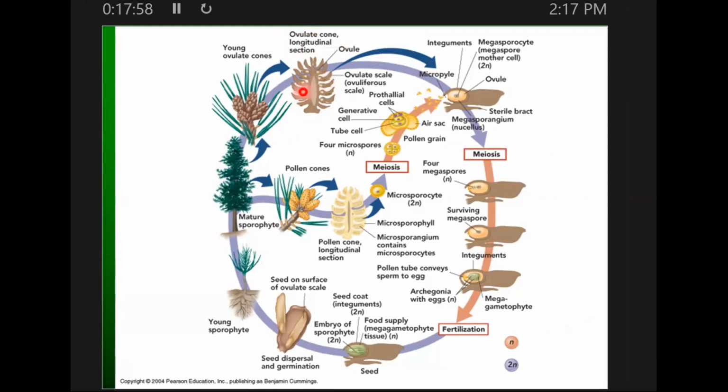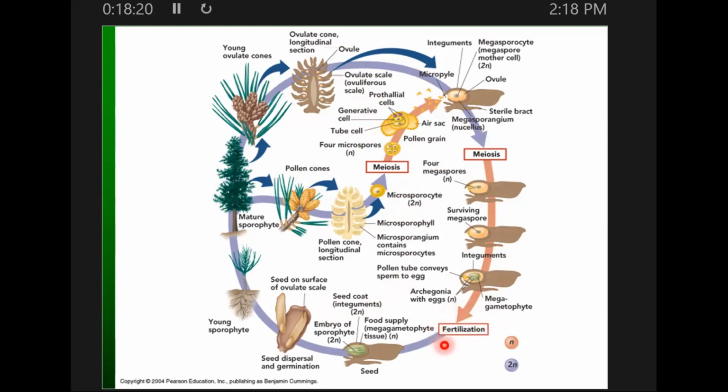And the pollen has to do its job of getting the pollen grain there. So I'm not going to go through this in detail, but you do see this idea of meiosis occurring, all right, to get into the haploid state. And then you can see fertilization down here in the lower right.